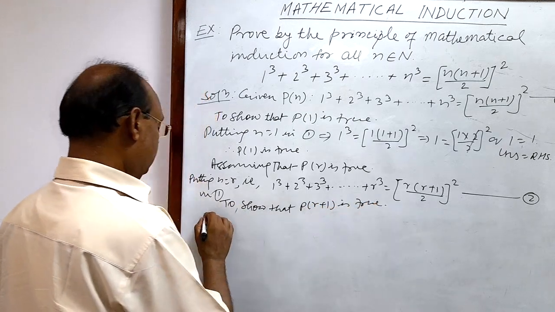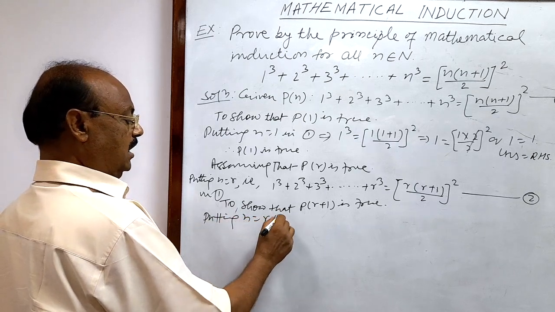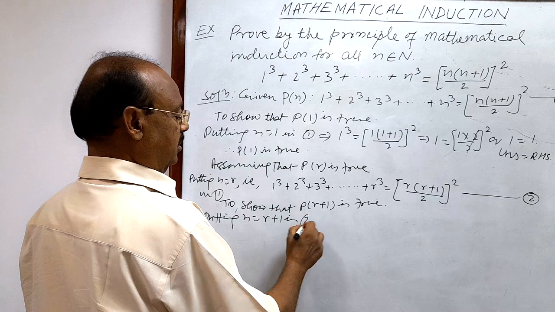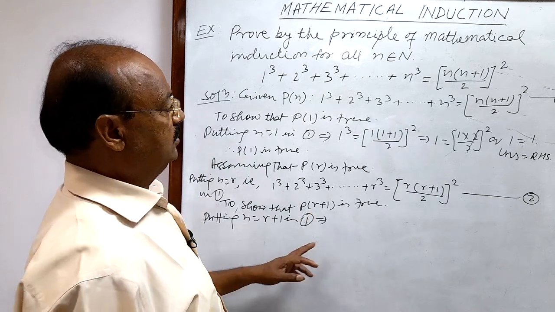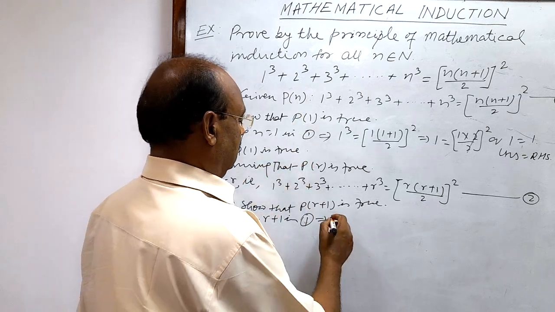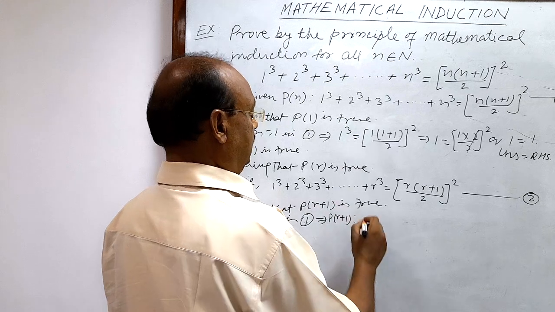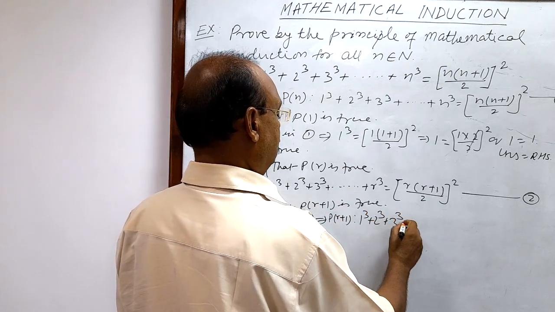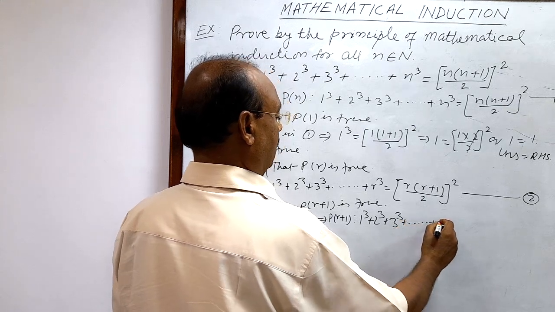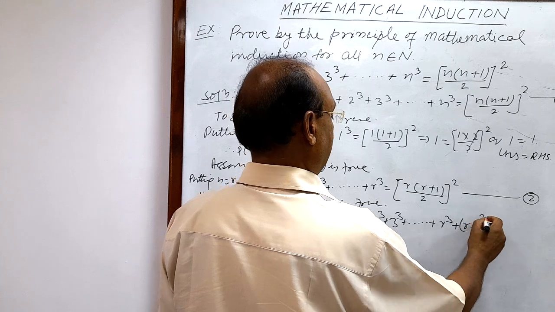So for this we will put n is equal to r plus 1 in relation number 1, and we will get, so this will be Pr plus 1. Okay, and we will get 1 cube plus 2 cube plus 3 cube up to r plus 1 whole cube.